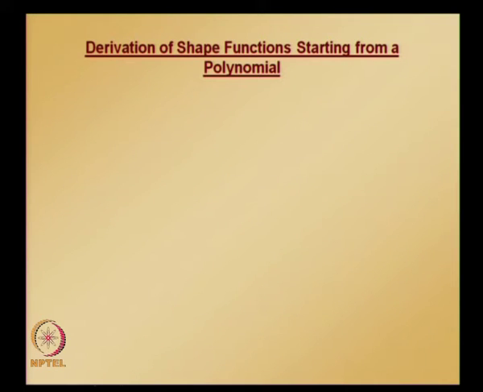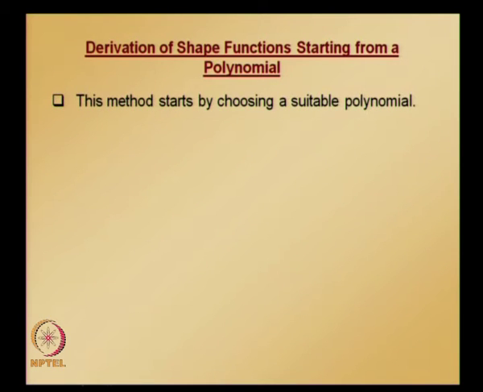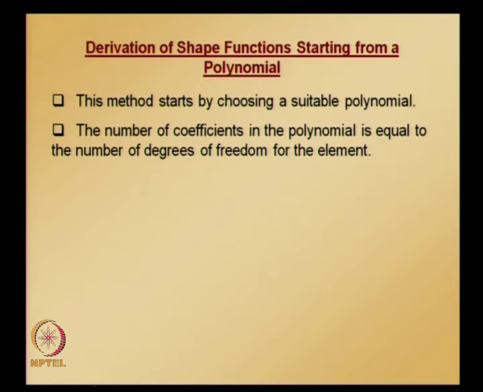Derivation of shape functions starting from a polynomial. This method starts by choosing a suitable polynomial. And how to choose the polynomial? The number of coefficients in the polynomial is equal to the number of degrees of freedom of the element. If you recall, for the linear element shape function derivation, we started with a0 plus a1x because there are only two nodes, so a0 and a1 are the two coefficients.